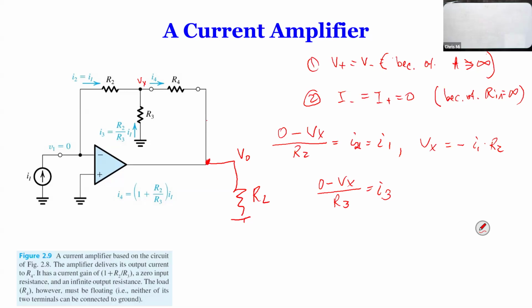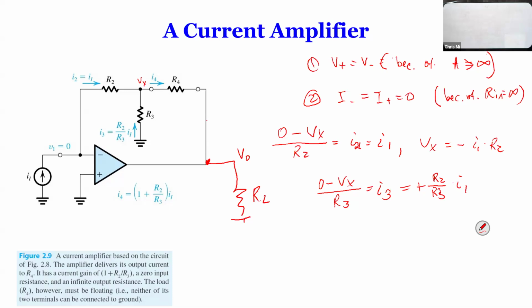So now you plug in Vx, minus becomes plus, and you get R2 times I1 over R3.